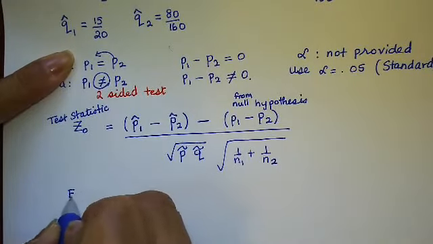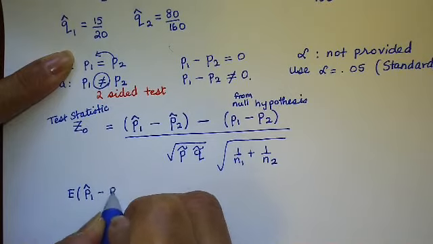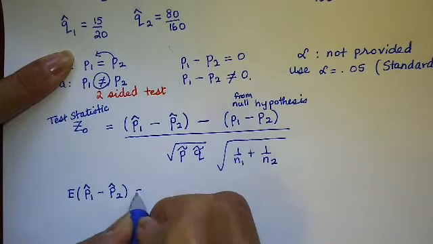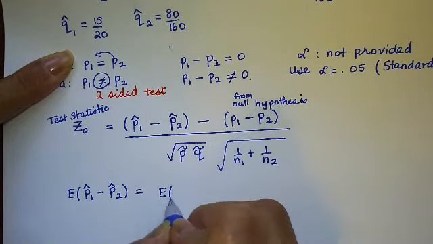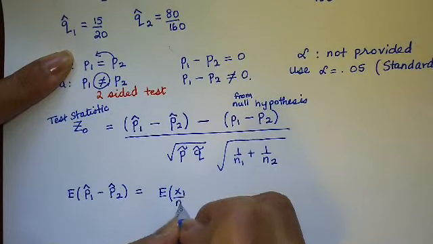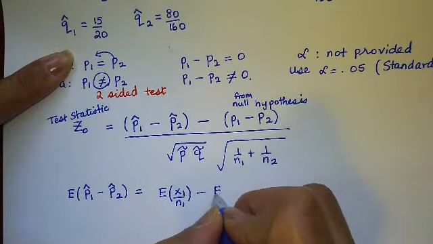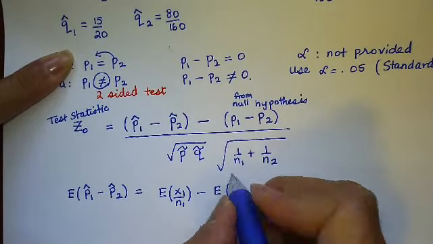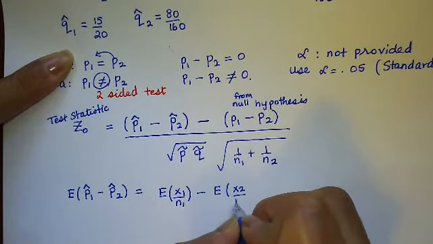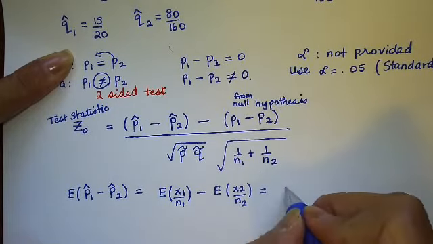This, of course, is the mean of p1 hat minus p2 hat, like the following. E of p1 hat minus p2 hat is equal to E of, let's replace p1 hat by x1 over n1 and p2 hat by x2 over n2.